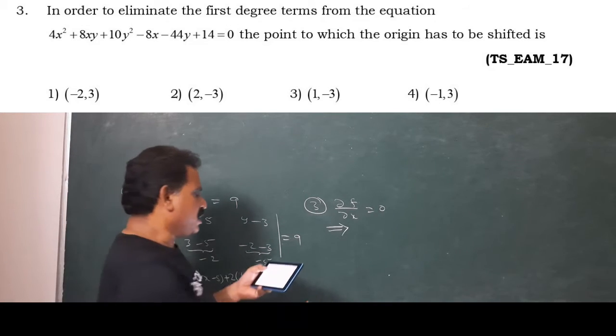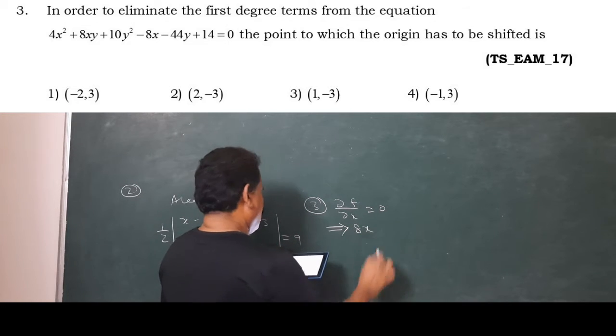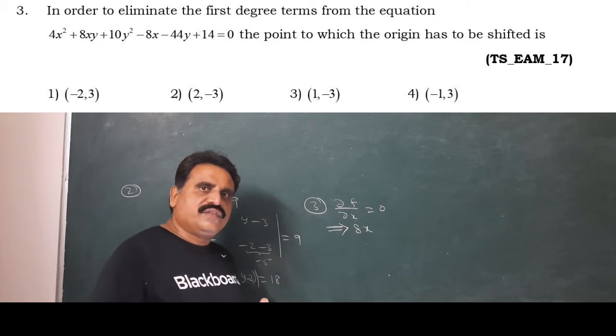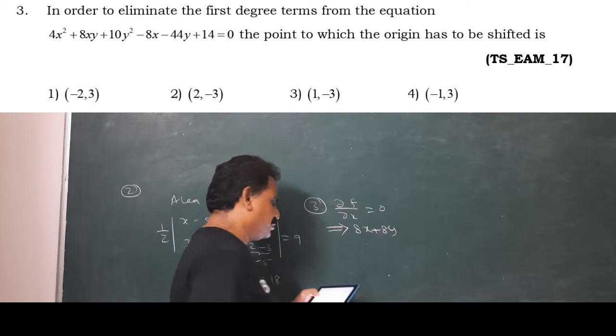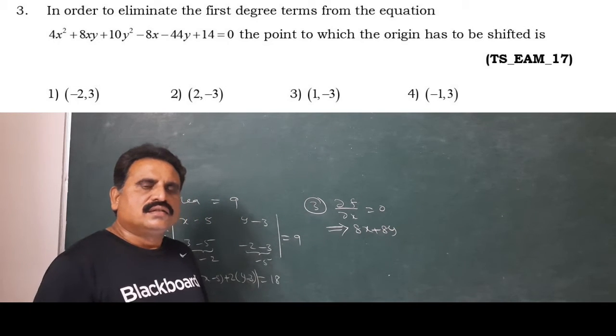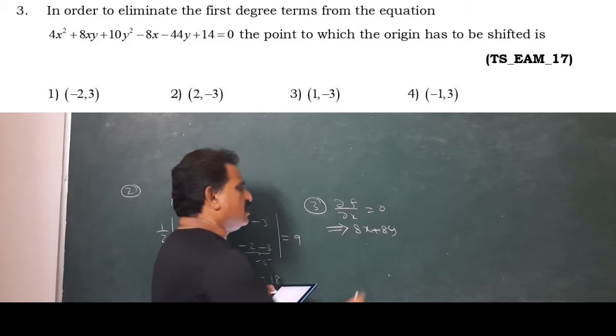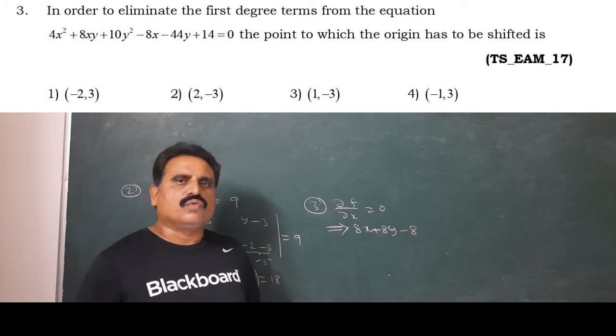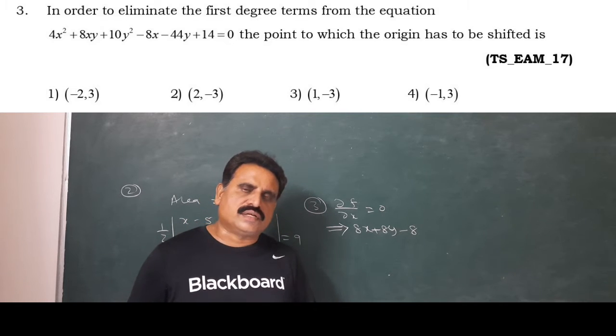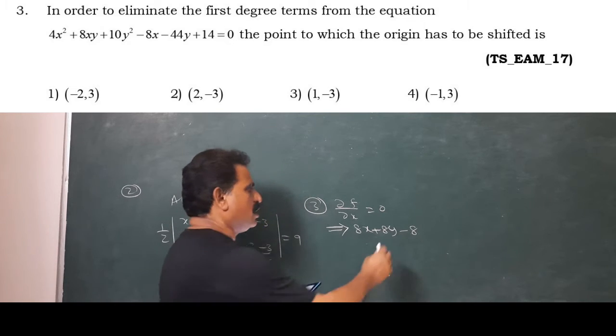That means 8x plus 8xy differentiated with respect to x. Here y is treated as constant, giving 8y, minus 8x. The derivative of x is 1, so minus 8. The remaining terms, y and 14, are constants, so the derivative is 0. So that is equal to 0.